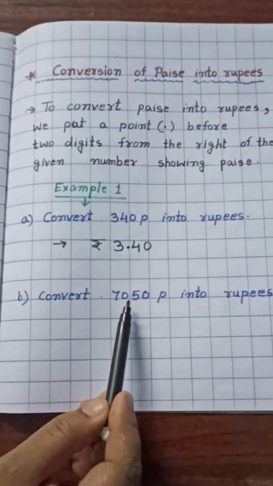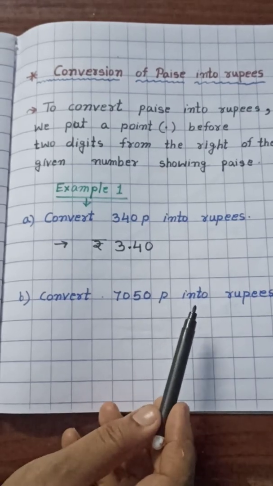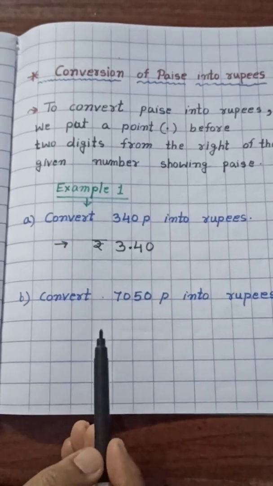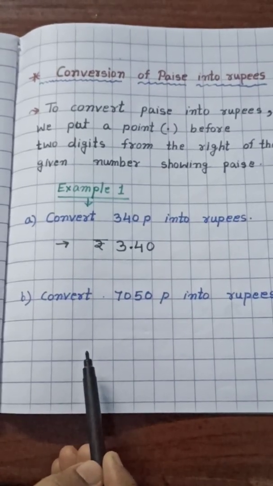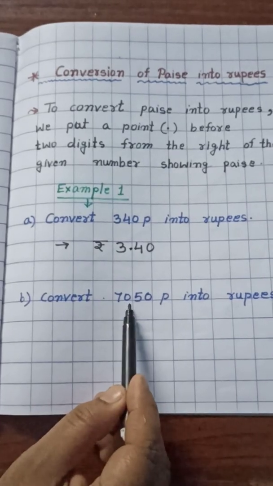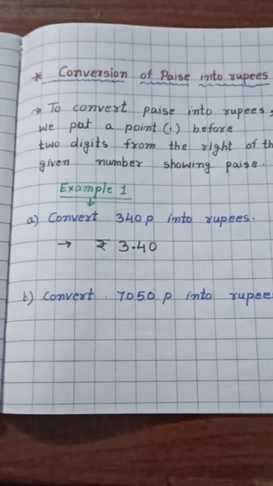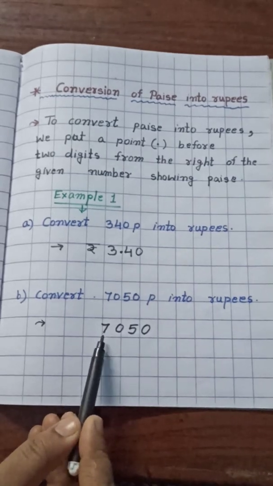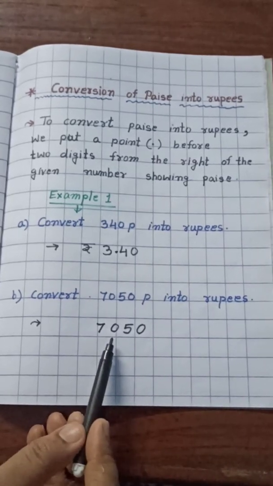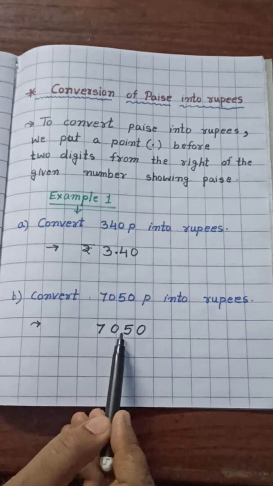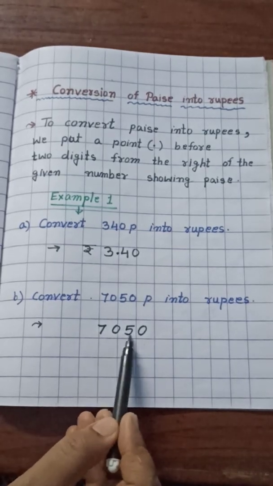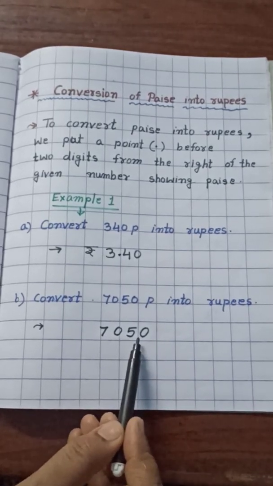Convert 7050 paise into rupees. Okay, so again we will write down the number, that is 7050. So to convert into rupees, what do we do, children? We put a point before two digits from the right-hand side, right?